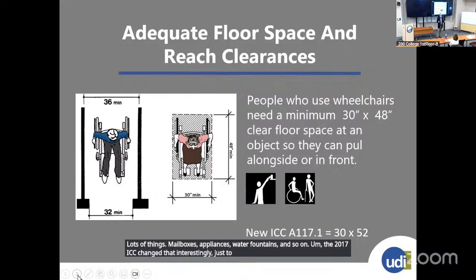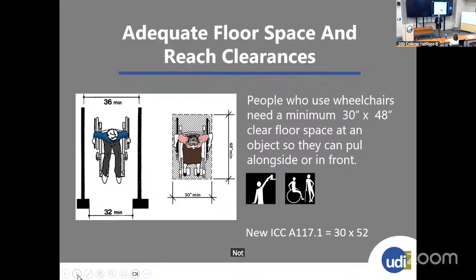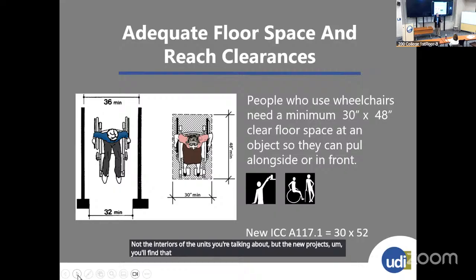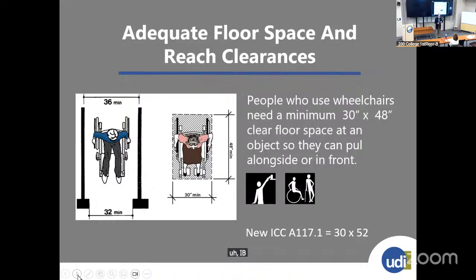They didn't widen it, they just lengthened it by 4 inches. So again, new projects, not the interiors of the units we're talking about, but in new projects, you'll find that this is incorporated in 2017. It's incorporated in the building code in North Carolina, because if I'm not mistaken, the 2018 IBC that we've adopted here captures the 2017 ICC, if that's not too much alphabet soup.